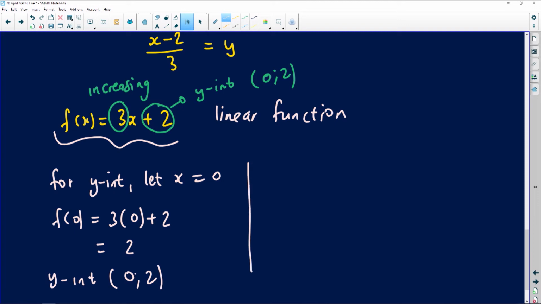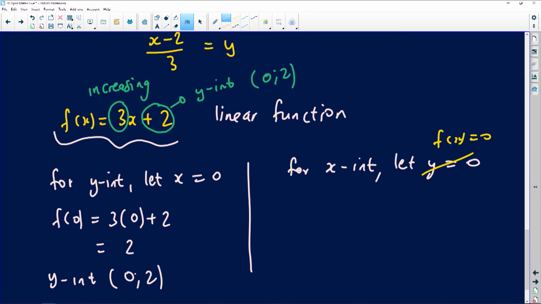Now for the x-intercept, I'm going to let y equal to 0, which is as good as saying let f of x equal to 0. There's nothing wrong with either using let y equal to 0 or let f of x equal to 0, because y and f of x are essentially the same thing. So now I'm going to proceed back to my equation.